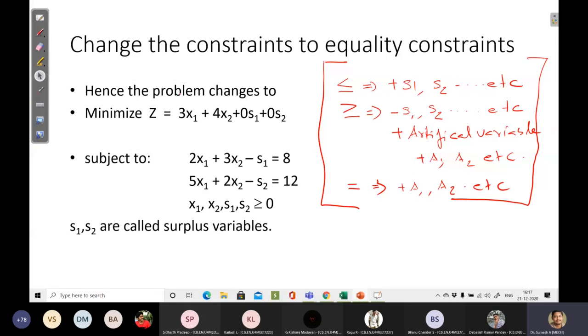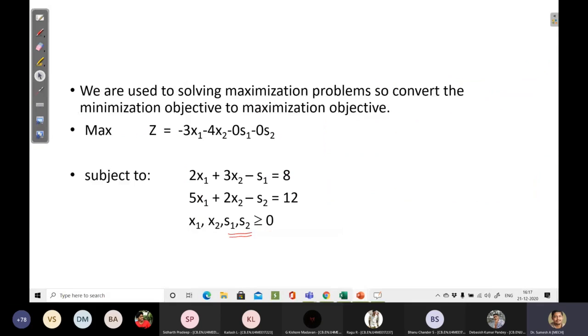And the new variable I am entering right now is called an artificial variable. So this problem will become something like that. This equation will become 2x1 plus 3x2 minus s1 plus a1 equals 8.